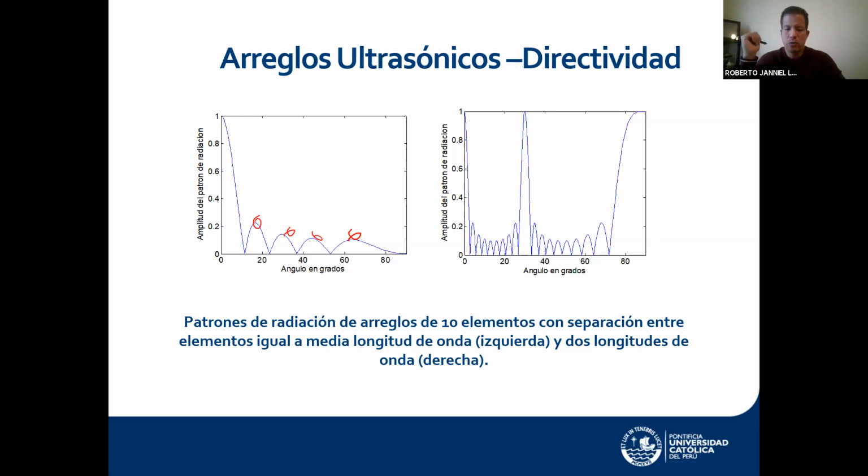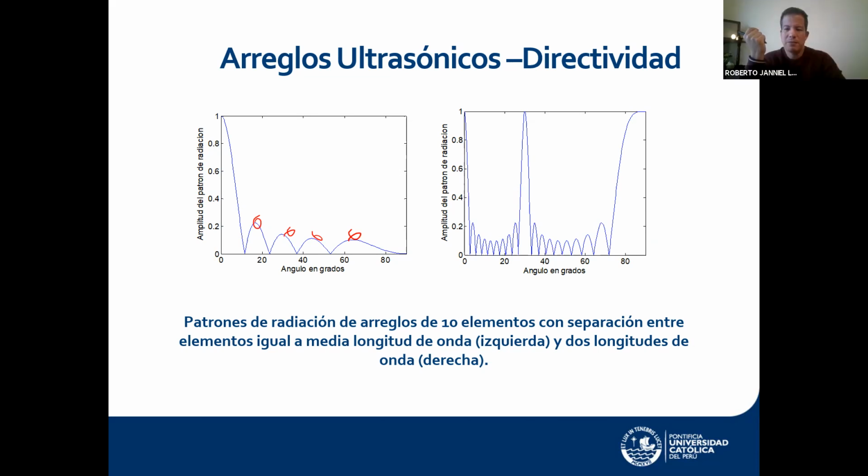What happens when you have a separation of, let's say, 2 wavelengths between adjacent elements? What do you guys observe in the plot on the right? You will observe a couple of things. The first one is that the main lobe gets to be narrower. Why would that happen? Because of the same reason, the scaling property of the transform.